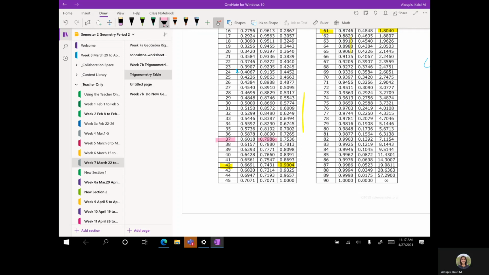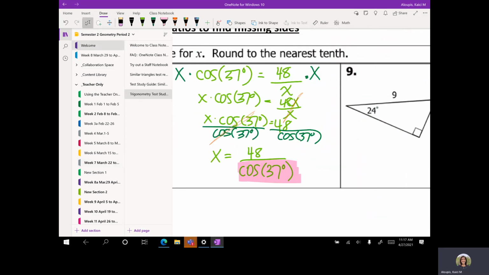0.7986 is the approximate value of cosine 37. So what I'm going to do here is say x is equal to 48 divided by, what did I say? Cosine is about 0.7986.